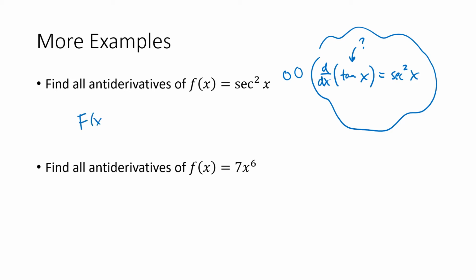So the capital F that we're looking for is tangent of x. And then again, we realize that tangent of x plus any constant works, because if we take the derivative of that constant, we'll just get 0. So that is all of the antiderivatives, or sometimes we call this the general antiderivative.